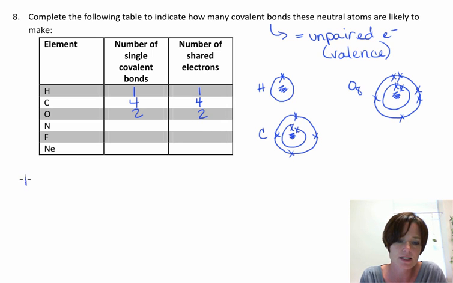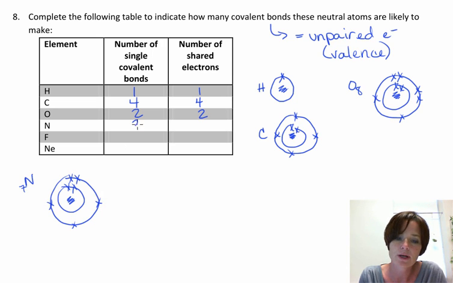Nitrogen is next up. Nitrogen has an atomic number of 7. We draw its electron configuration. This is what we would have. There are 3 unpaired electrons, so we're going to get 3 single covalent bonds, and we will have 3 shared electrons.